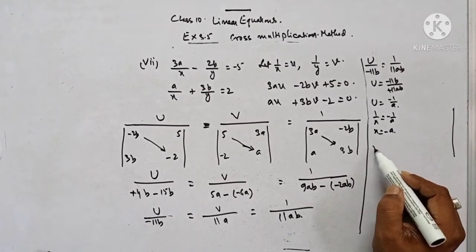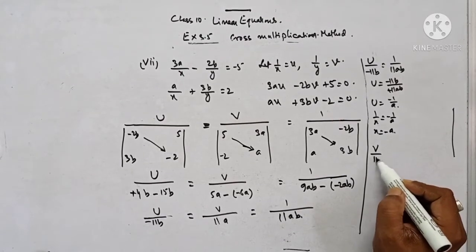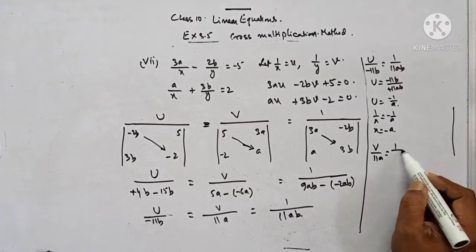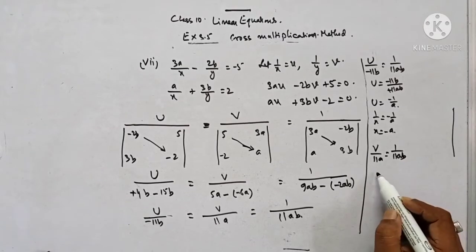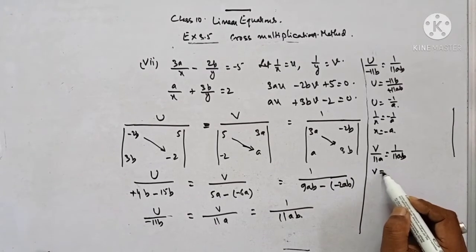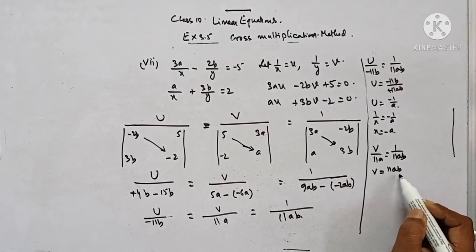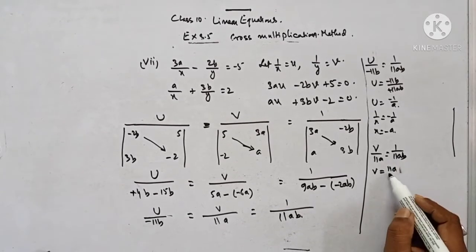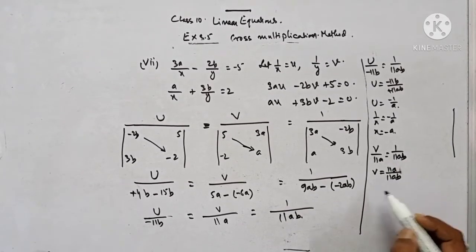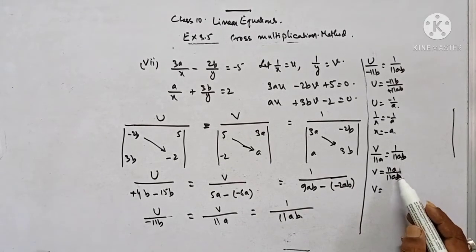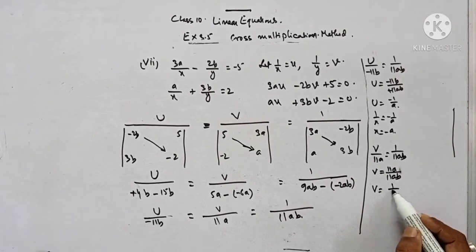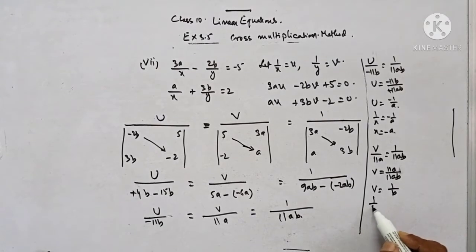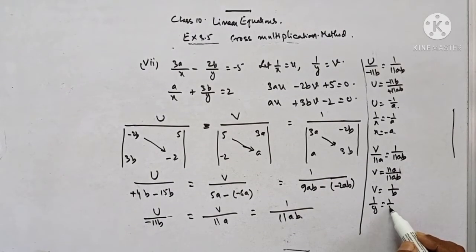And your v by 11a is equal to 1 by 11ab. So your v is equal to 11a by 11ab. So v equal to 1 by b, and 1 by y is equal to 1 by b.